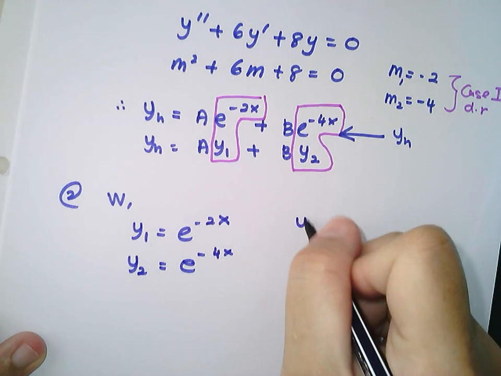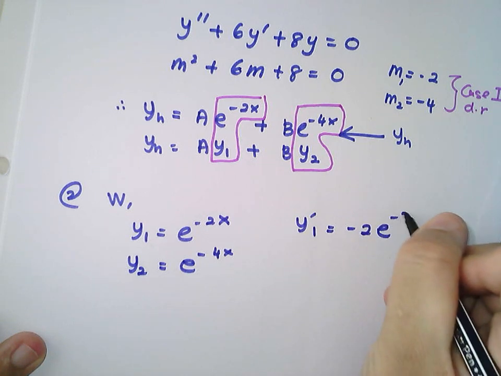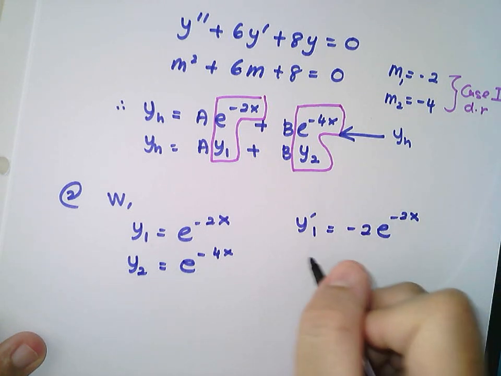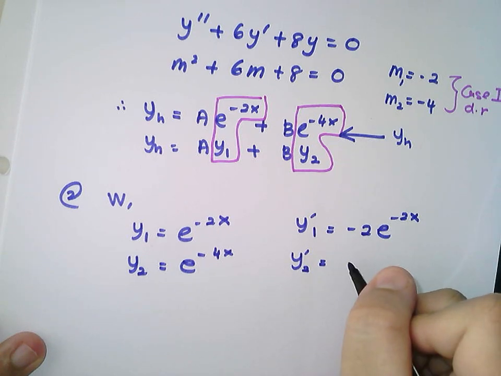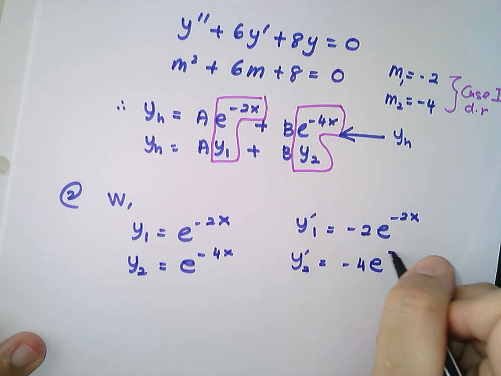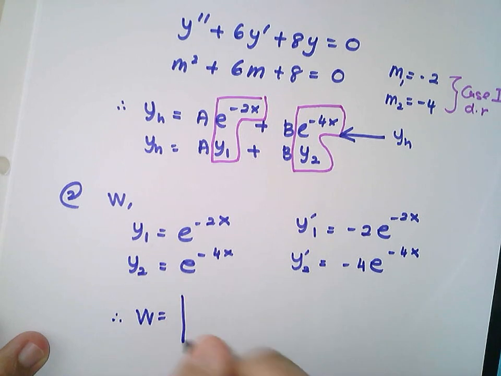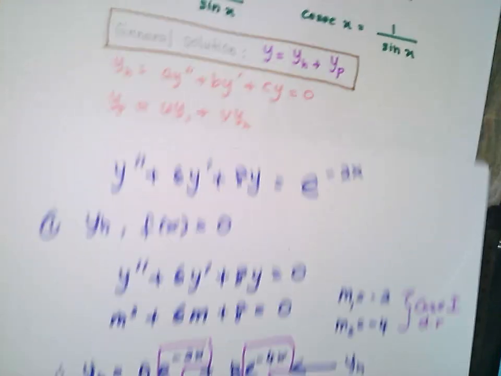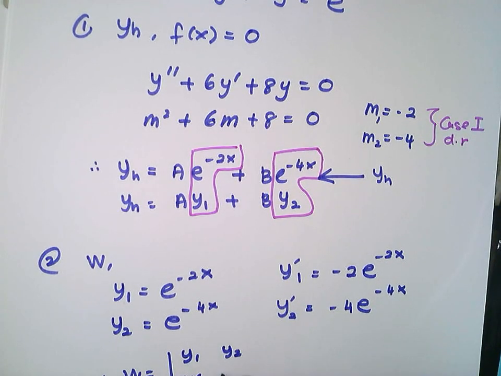So differentiating y1 will give you negative 2 exponent negative 2x, and differentiating y2 will give you negative 4 exponent negative 4x. So therefore, your W is equal to the determinant of y1, y2, y prime 1, y prime 2.